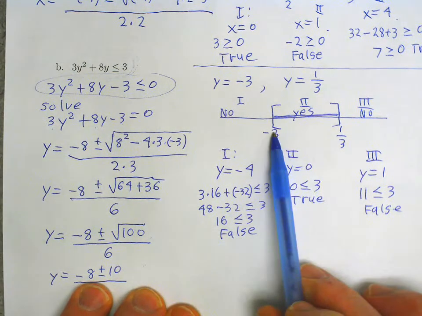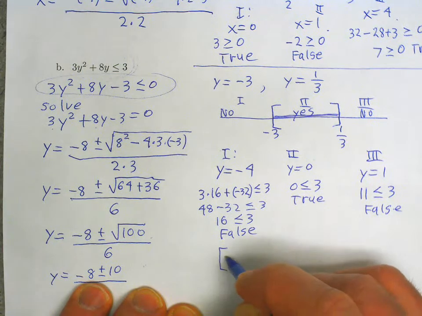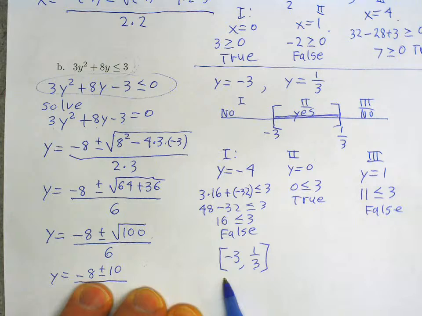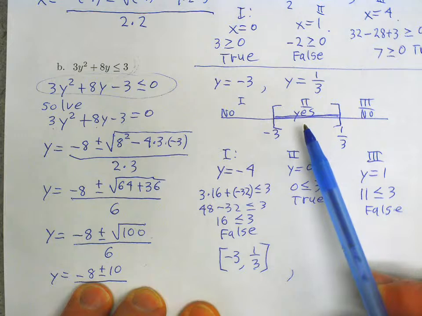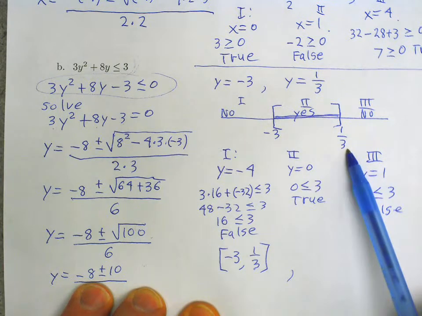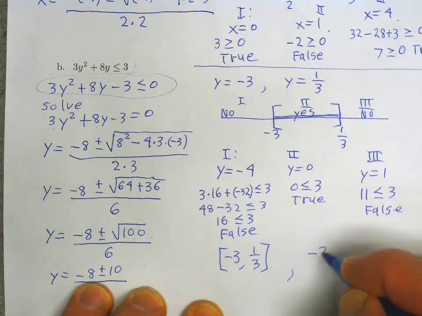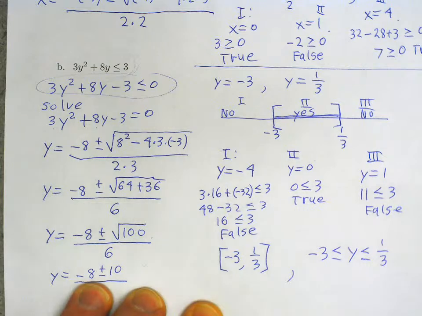The interval notation for this solution is bracket -3 comma 1/3 bracket. That's the interval notation. The algebraic notation, if y is between -3 and 1/3, including -3 and 1/3, we write it as -3 is less than or equal to y, which is less than or equal to 1/3.